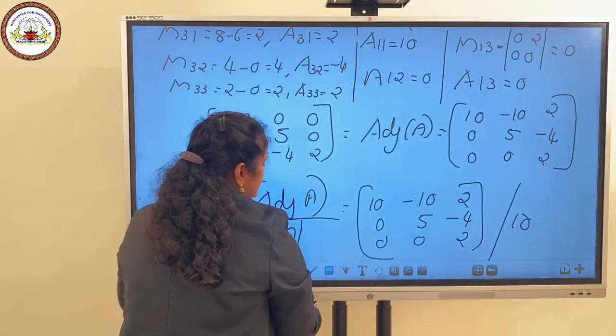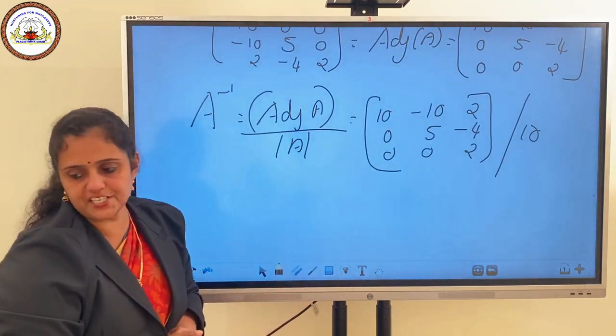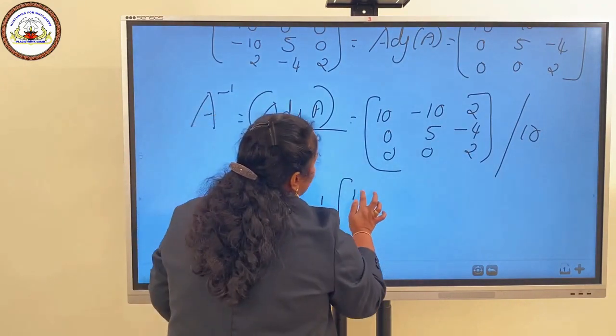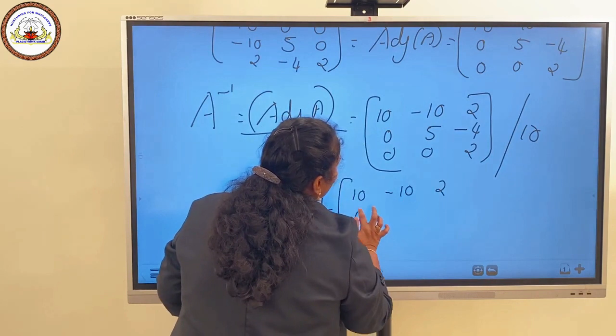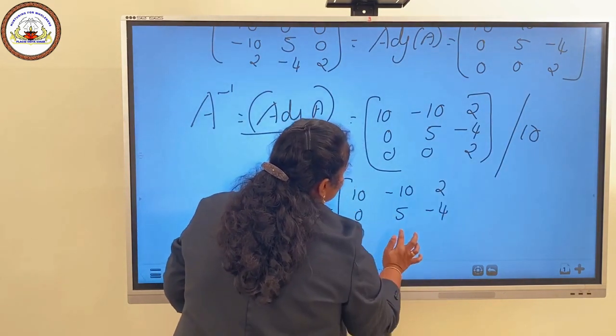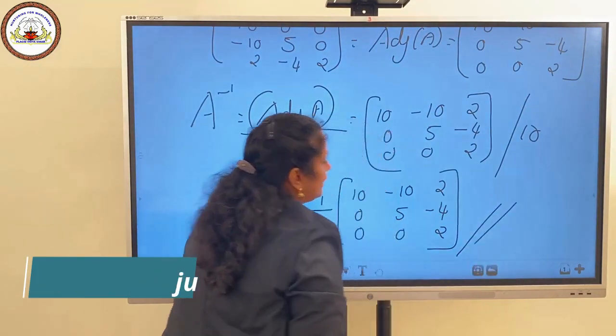Then we can write one more step. Write the answer, that is 1 by 10 into, we can divide each element by 10, that is 10, minus 10, 2, 0, 5, minus 4, 0, 0, 2. That is the inverse of the given matrix.